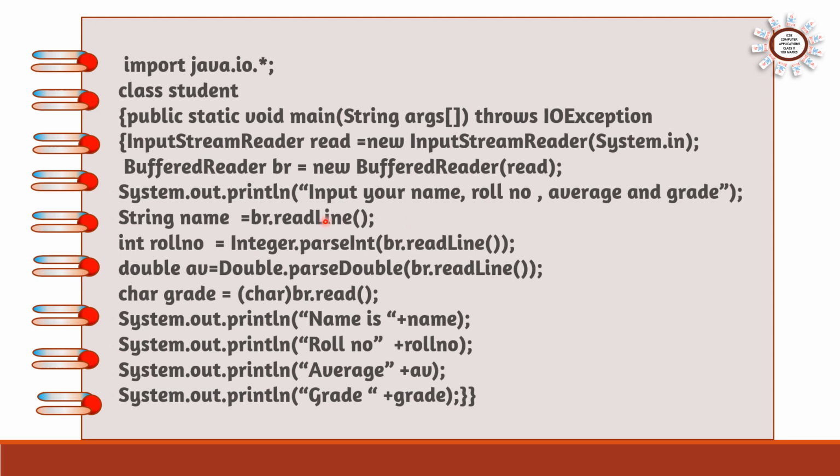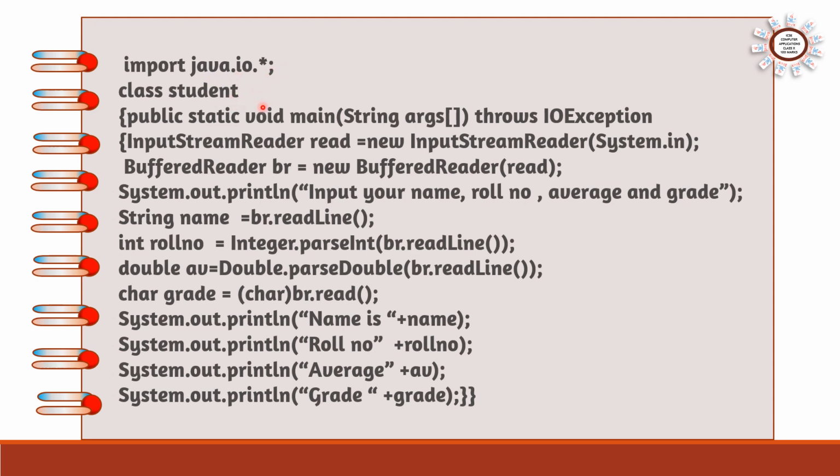Now we can understand it through a program. Here we are accepting the name, roll number, average and grade, and printing it. A simple program. Here the command should be import java.io.*. For the Scanner class it will be import java.util.Scanner, and for input stream it is java.io.*.